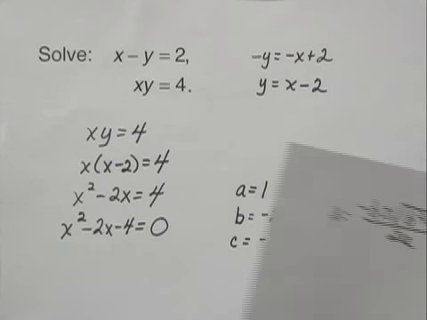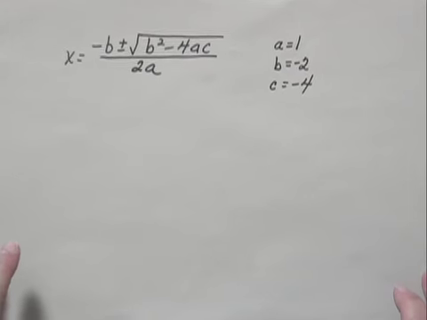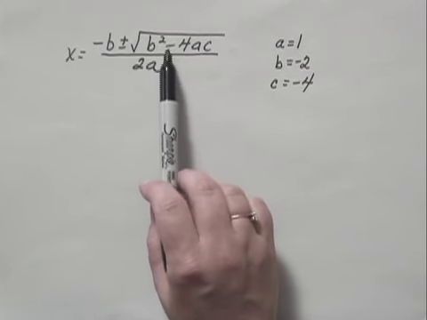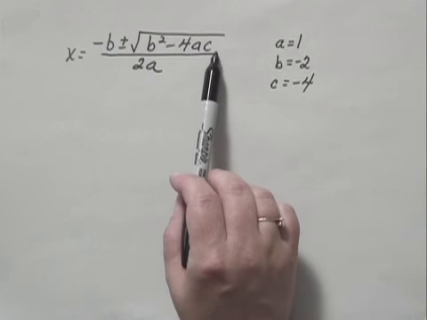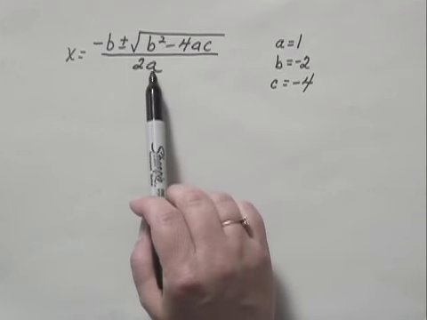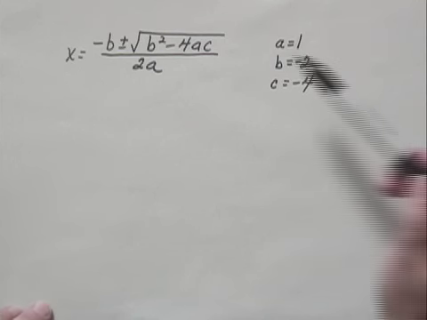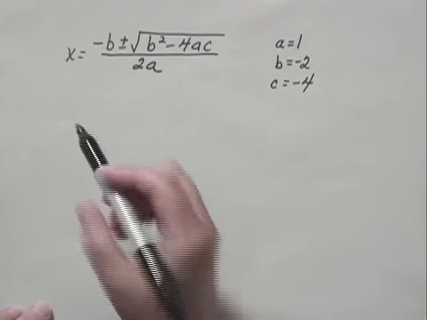The quadratic formula says that x equals the opposite of b plus or minus the square root of b squared minus 4ac, all over 2a, and we have values for a, b, and c, which we substitute into this formula.